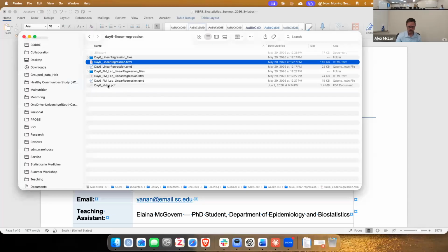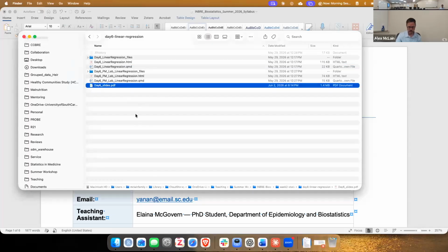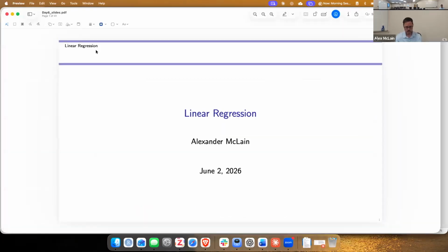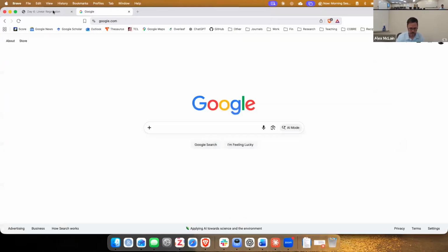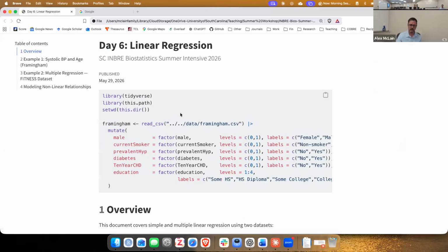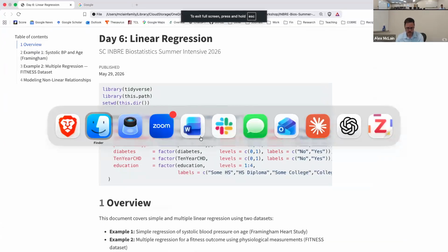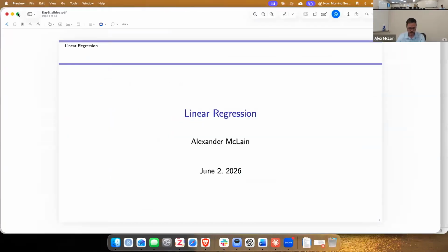But for now, you can open up the slides, double click on those, and also open up the file that says day 6 linear regression, not the one that has the PM lab on it, just the day 6 linear regression part. And we're going to use this as we go over. It's going to use the Framingham data, which we used a lot in week one. We're going to continue on with that.